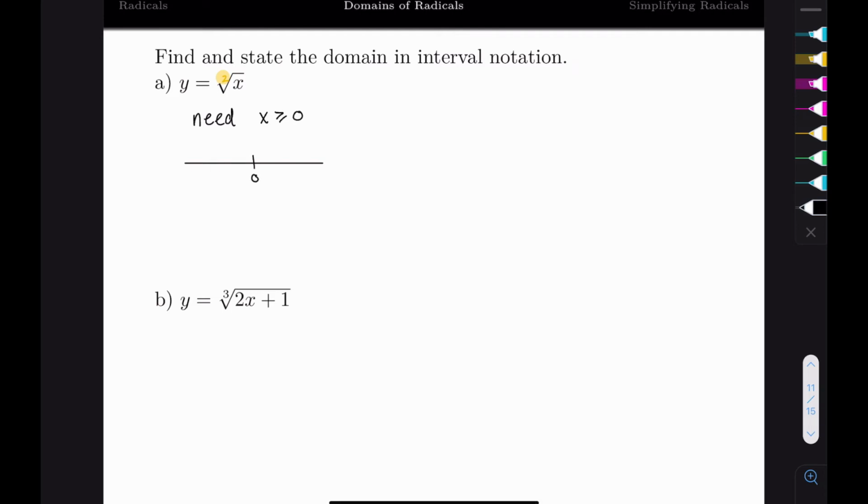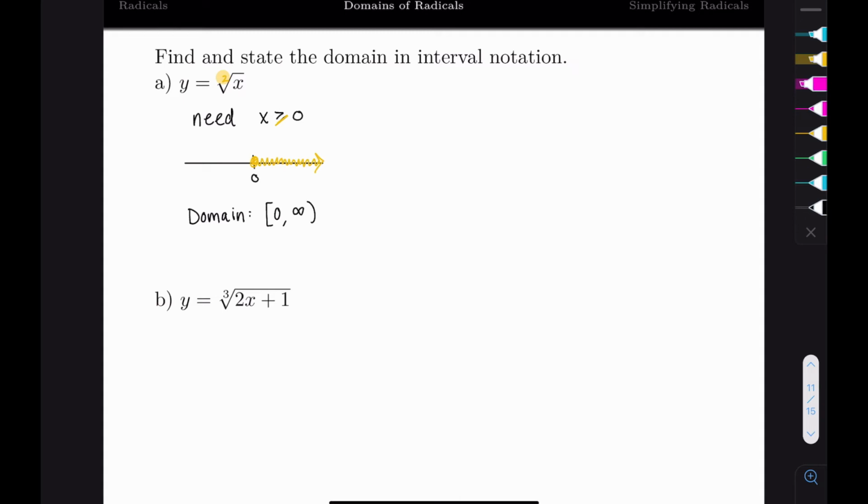So 0 is an important number. We can equal it because of that bar, and we can take all x values greater than or equal to 0. So we can take everything over here. So in interval notation, the domain would be starting at 0, we can equal it, and then go to positive infinity.